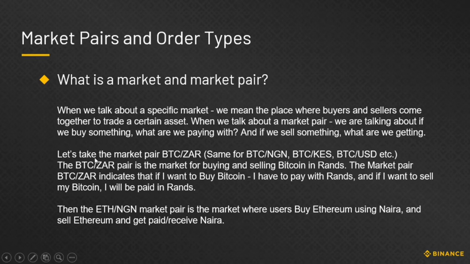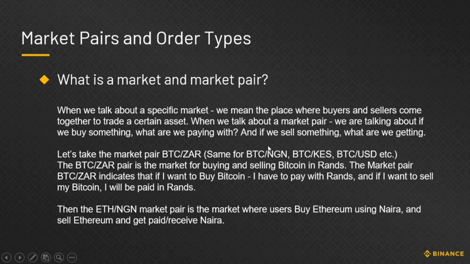If I want to sell my Bitcoin, what I'll be getting in this pair is rands. The ETH/NGN market is where users buy Ethereum using Naira, and sell Ethereum and receive Naira. I think it's clear enough. That's what we mean when we talk about market pairs.